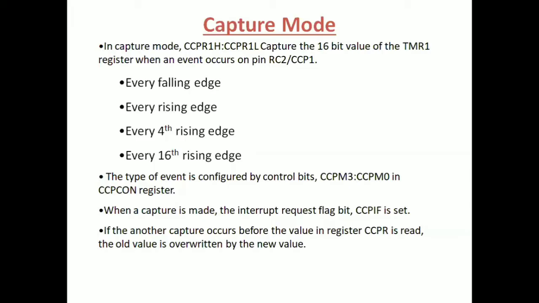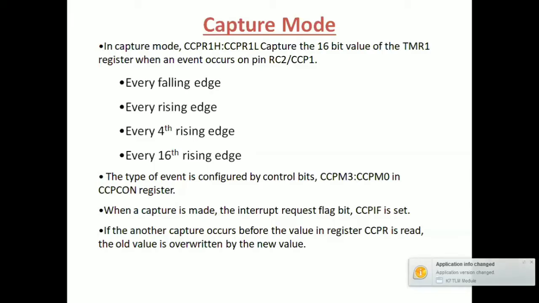When it is operated in the capture mode, you have the option to capture the timer 1 value on every falling edge of the signal appearing on the CCP input pin, that is RC2/CCP1, or on every rising edge, or on every 4th rising edge of a signal, or every 16th rising edge of a signal.